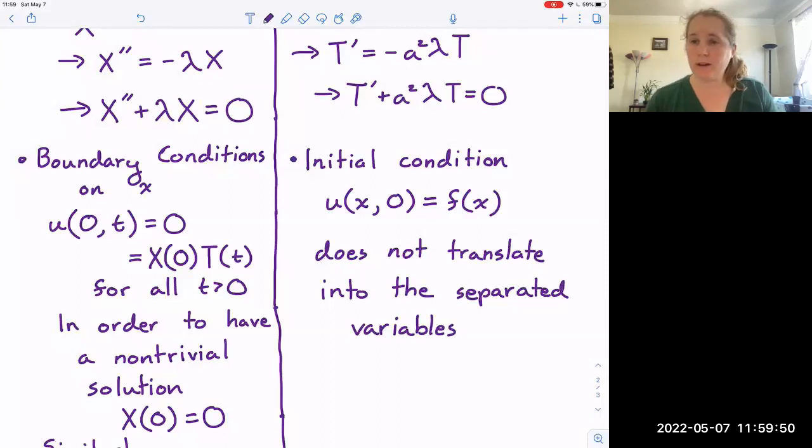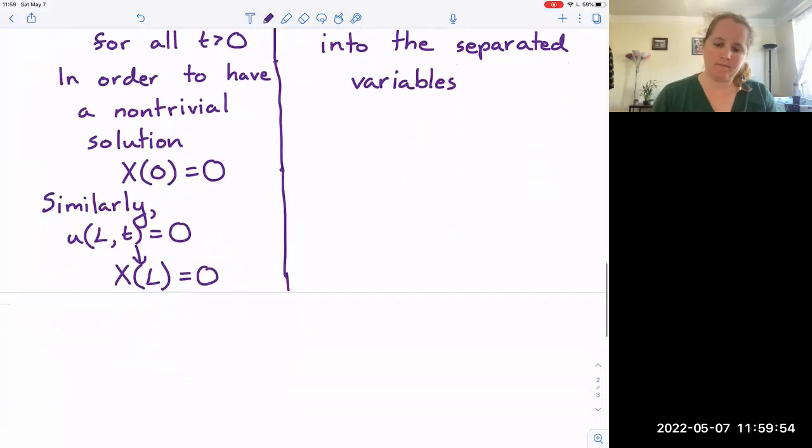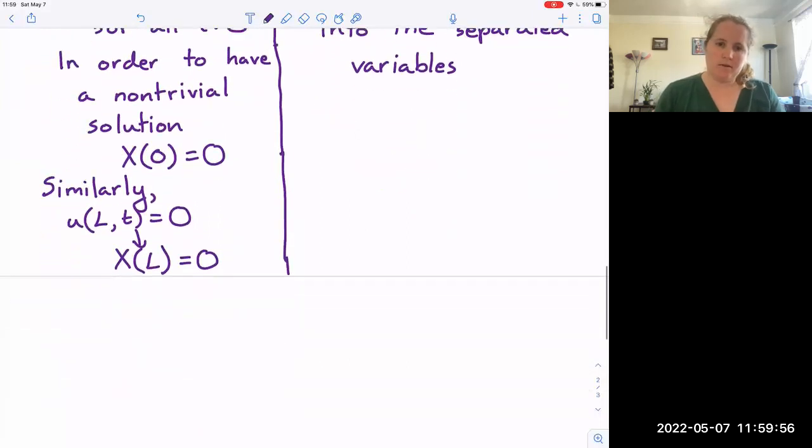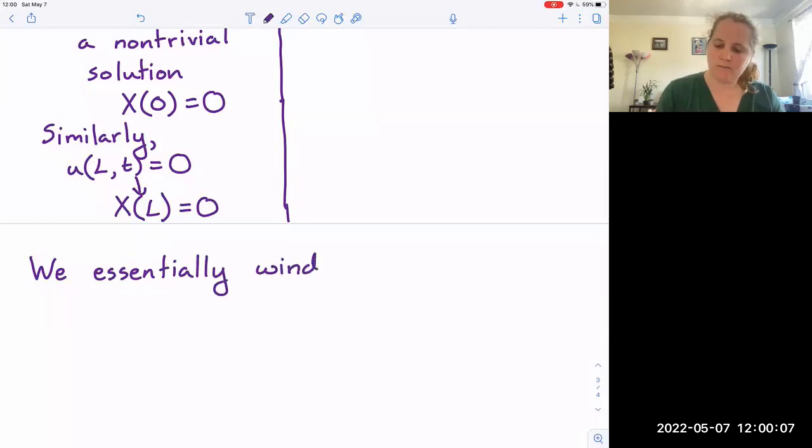But we essentially wind up with two problems to start off with.